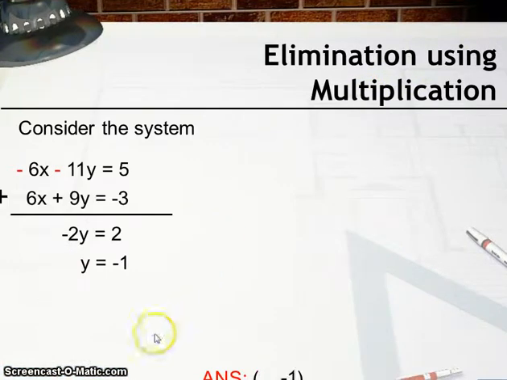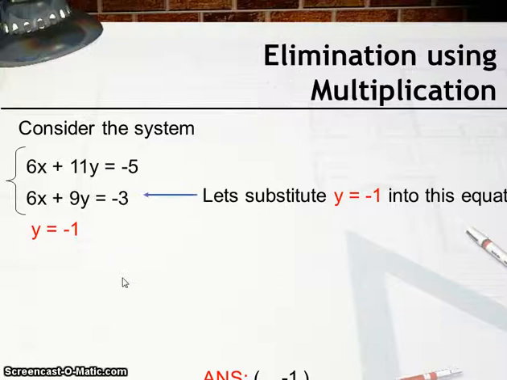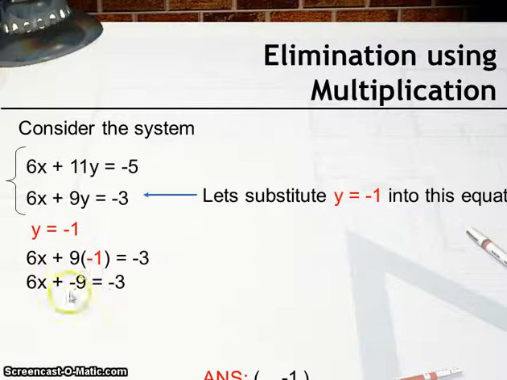I think it's going to be easier if you plug it into one of the originals. And looking at the originals, these are smaller numbers, so it'll probably be a little bit easier. So when you plug negative 1 in there for the 9, you get negative 9. Okay, add the 9 over, you get 6. And then divide by 6, you get x equals 1. So there's my solution. I don't know if you can see it right down here. It's 1 comma negative 1.